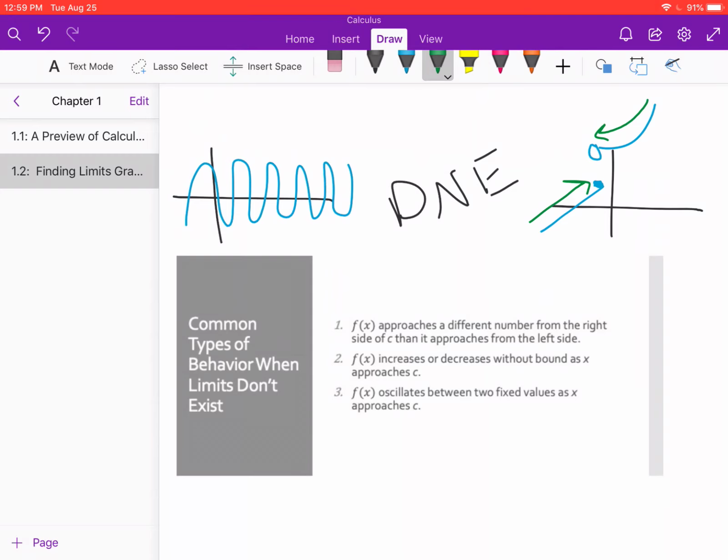So common types of behavior, like we just said, are that they don't approach the same number from both sides. And then it also might happen where f of x, or the y value, decreases or increases without bound. So, for example, if we look at the function y equals 1 over x, it's going to look like this.